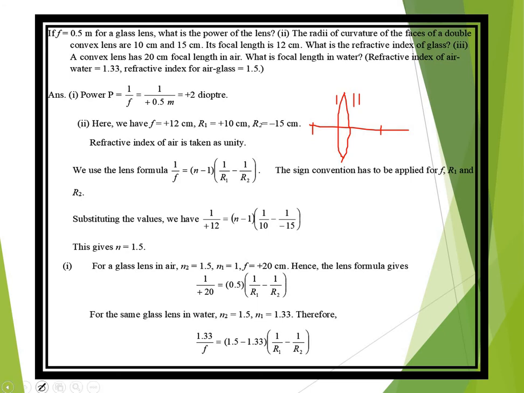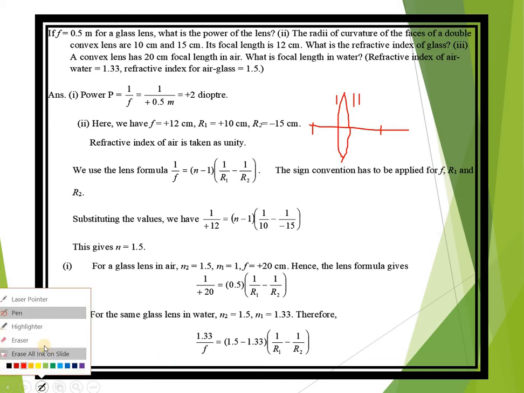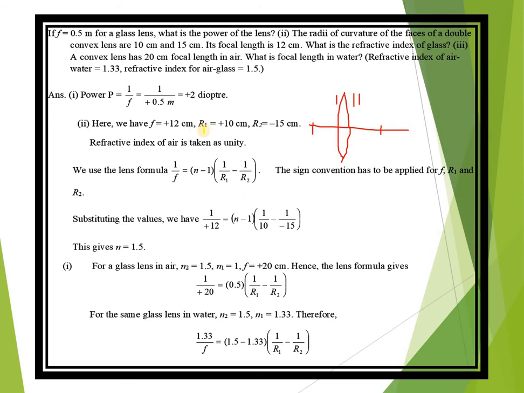So for the first surface, the radius is taken positive as the center is lying on the right hand side, and for the second surface the center is on the left hand side, so the radius is taken negative. This has to be taken into account.